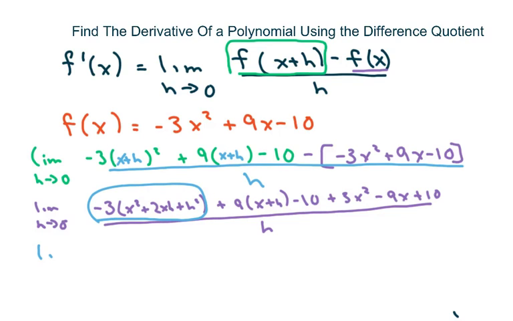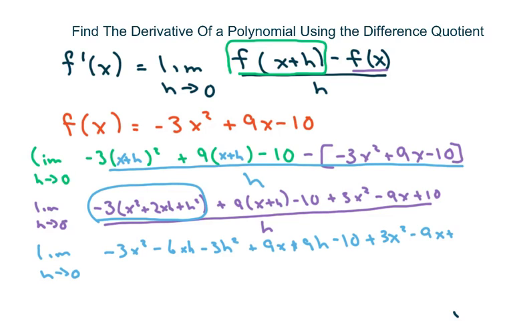So it's going to be the limit as h approaches 0 of negative 3x squared minus 6xh minus 3h squared plus 9x plus, can't distribute, so that's going to be plus 9h, minus 10, and then just copy everything else down, all over h.